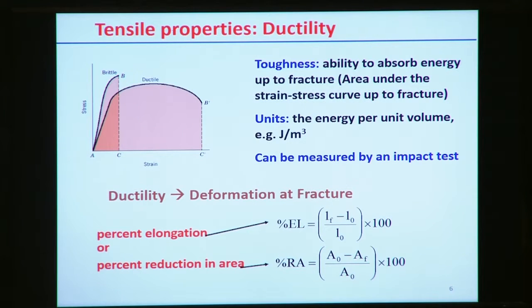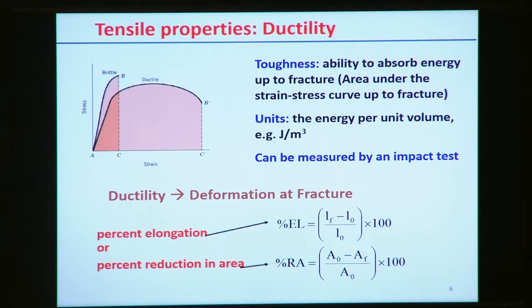Now if we do further analysis and try to evaluate the different tensile properties from the stress strain diagram, first is toughness. Toughness is the ability to absorb energy before fracture.